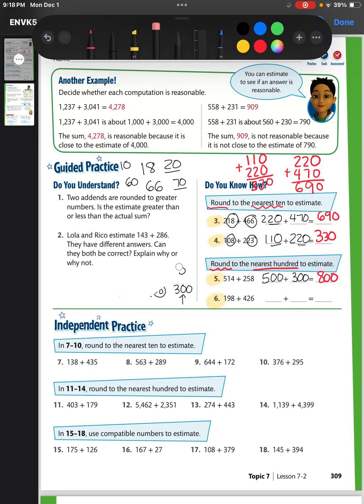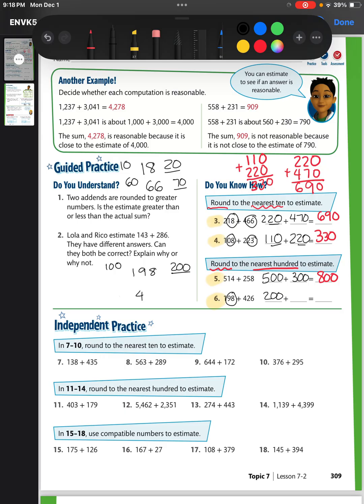So I'm going to go ahead on to problem number 6. I'm going to look at 198. I know that 198 is between 100 and 200. Well, 198 is a lot closer to being 200.